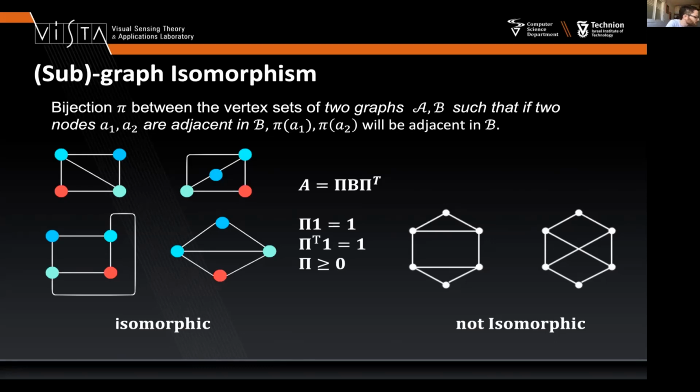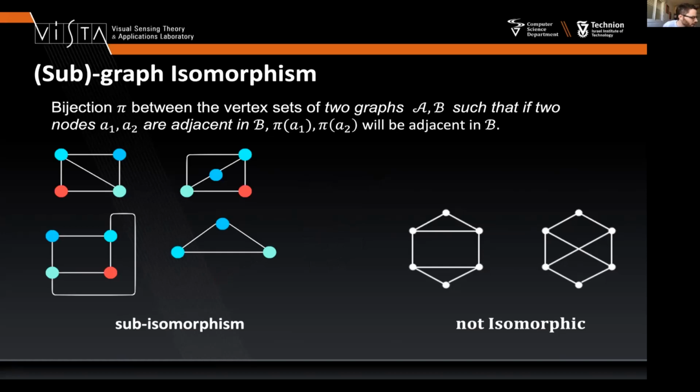On the left, you can see 4 graphs which are isomorphic. Okay, so it's just different embeddings of the same graph. Here, if I took the right bottom graph and removed a few edges, then I get the subgraph isomorphism problem. Now I can look for this subgraph within the rest of the graphs.